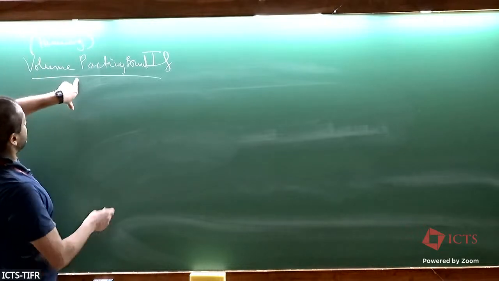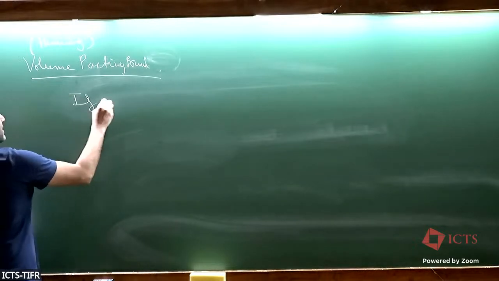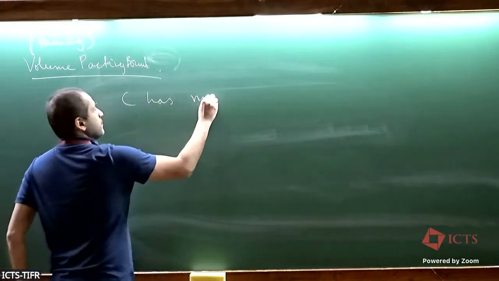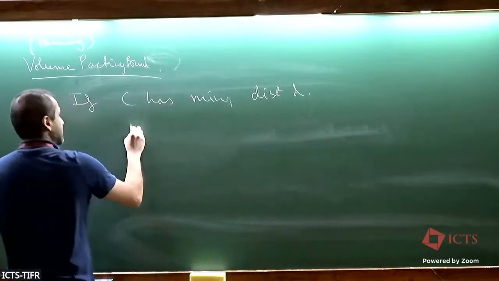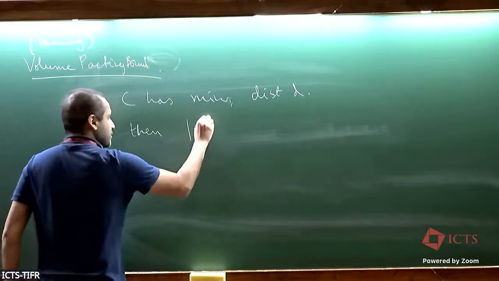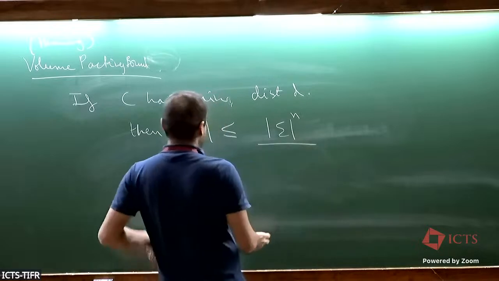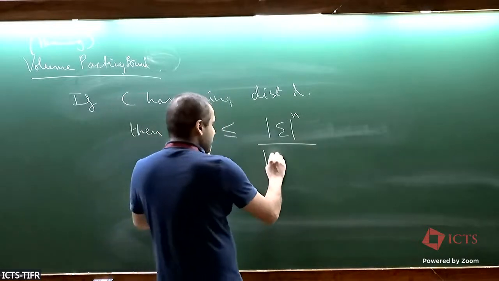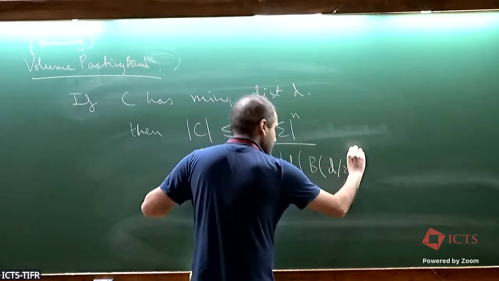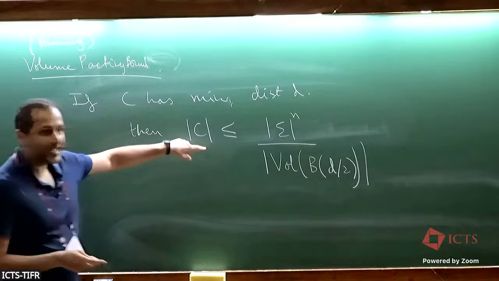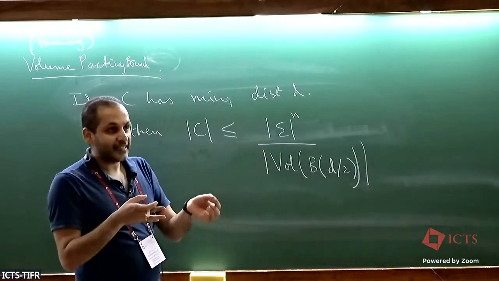Okay, so the volume packing bound. And the statement is, if C has minimum distance d, then the size of the code is at most the size of sigma to the n divided by the volume of the ball of radius d over 2. I'm using here the fact that the size of a Hamming ball only depends on the radius.